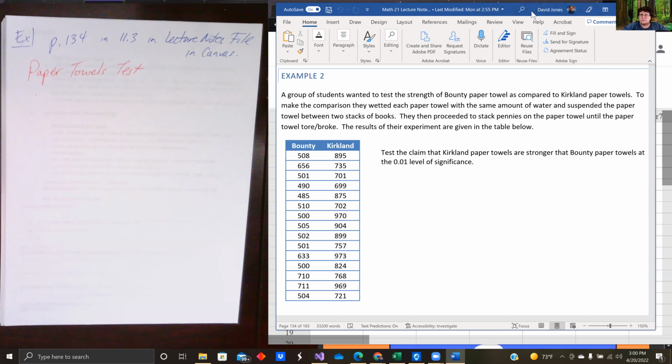The results of the experiment are given in the table below, and the numbers you see are the number of pennies that it took to break the stack. Test the claim that Kirkland paper towels are stronger than Bounty paper towels at the alpha equals 0.01 level of significance.